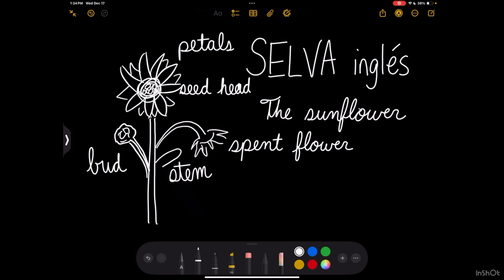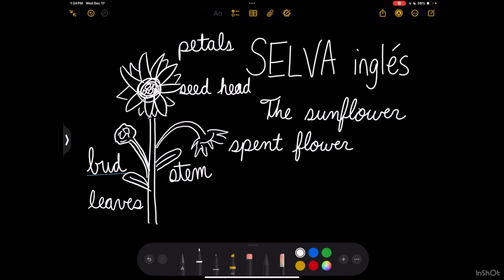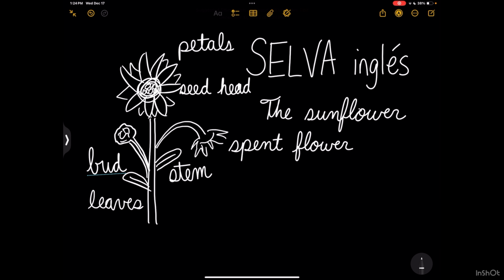Now we're missing leaves. On the stem of most plants, you'll find leaves. Leaves. L-E-A-V-E-S. Leaves. Now, if this flower were in the ground, this would be the ground. G-R-O-U-N-D. The ground.